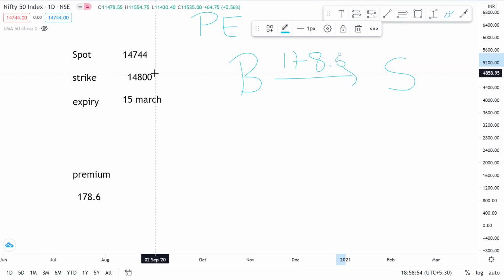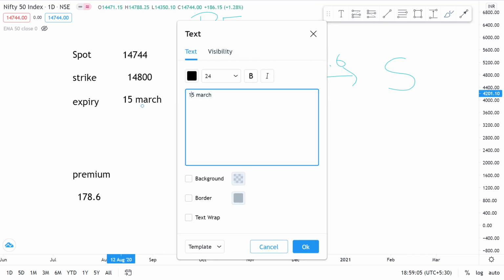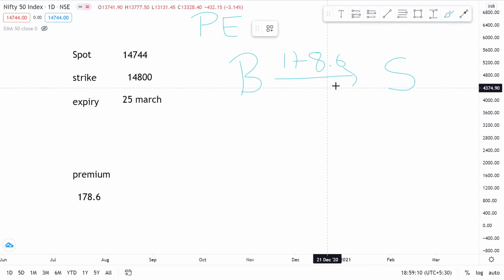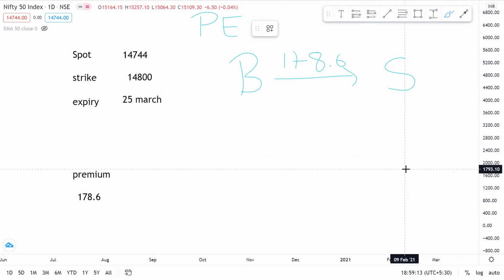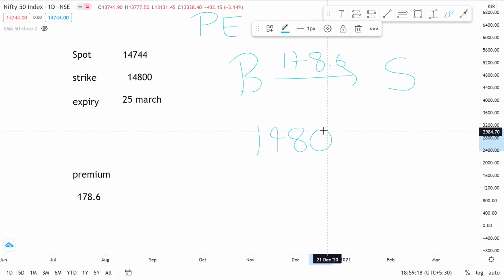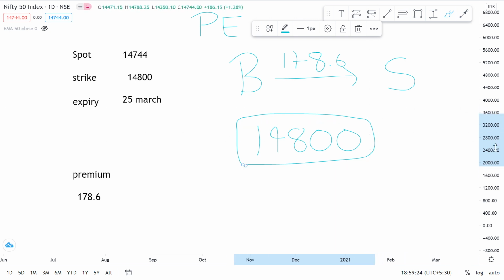What this agreement means is, buyer pays 178.6 to the seller, and in the future, on the 25th of March, he agrees to sell one Nifty at 14,800. He sells it to the seller. He sells one Nifty to the seller at 14,800.